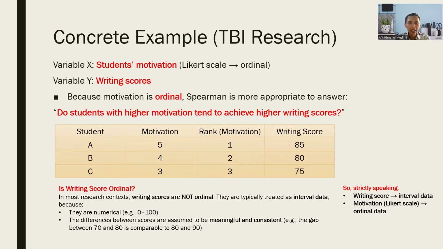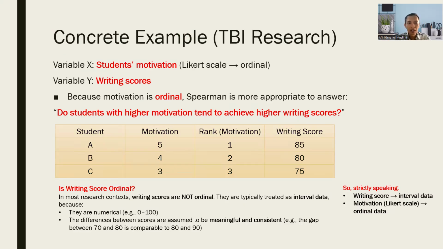This is a concrete example of research in the TPI context. For example, you are examining whether students' motivation has a relationship with writing scores. The students' motivation data will be collected through a questionnaire with Likert scale choices, so the data is understood as ordinal.